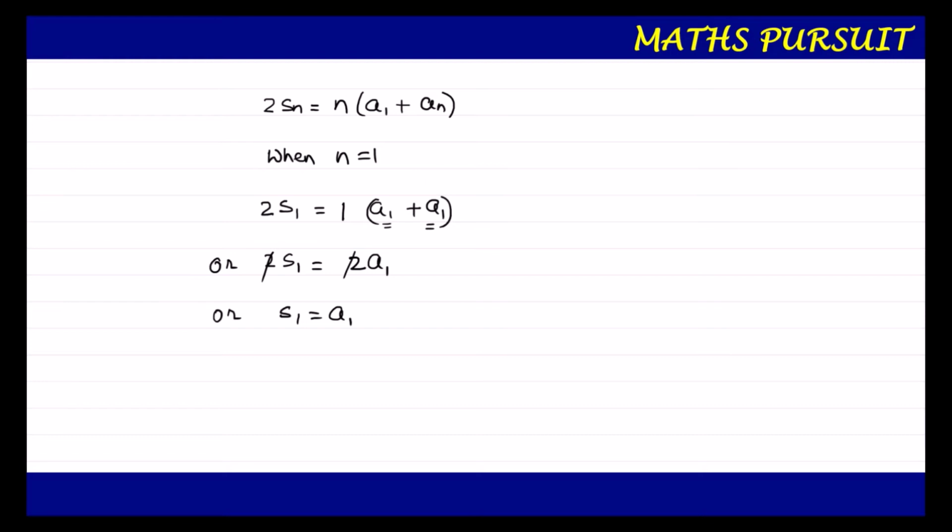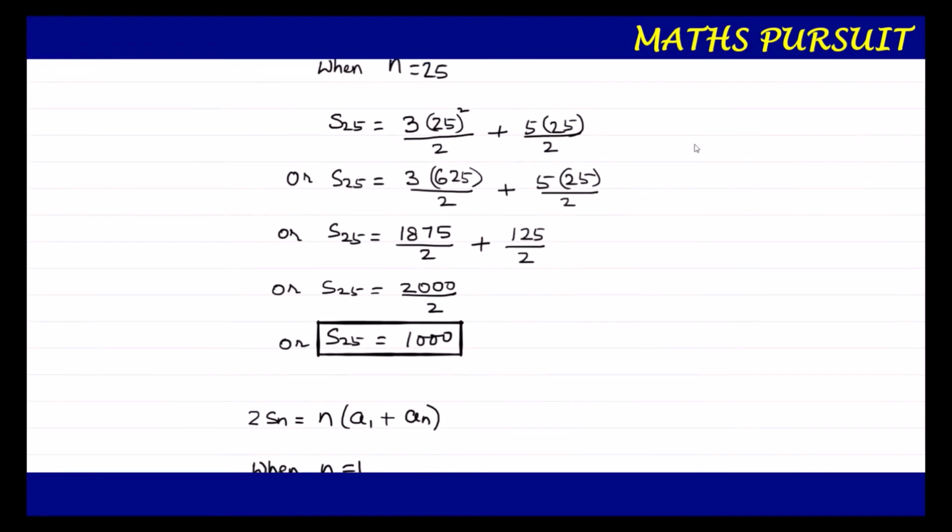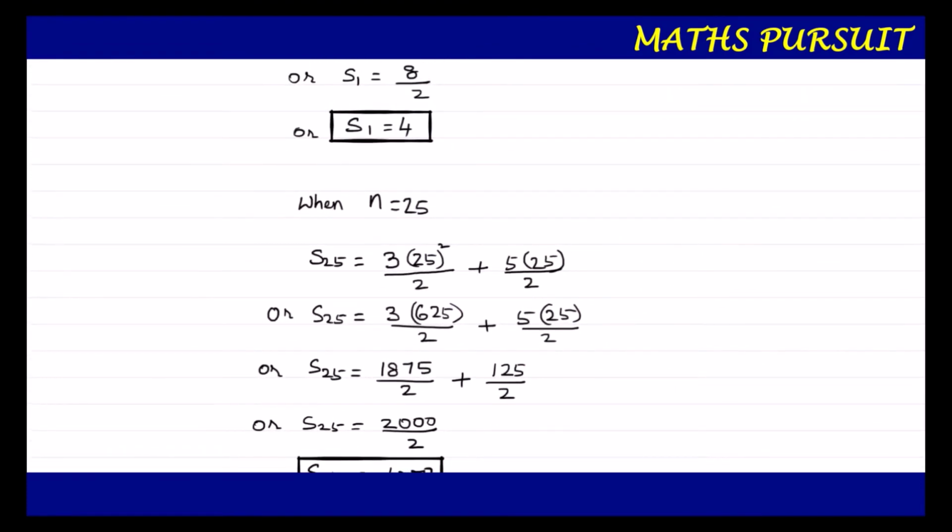So guys, if we remember what we got here, we got that S1 is equal to A1. If you remember, we got the value of S1 as 4. Let's name this equation 1. We are numbering it so that it gets a reference.